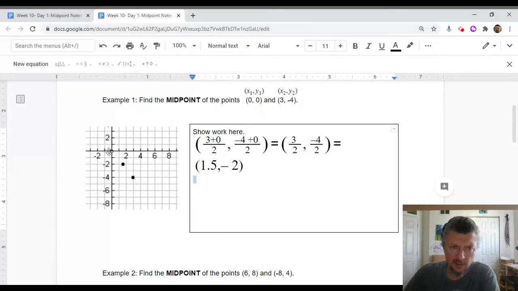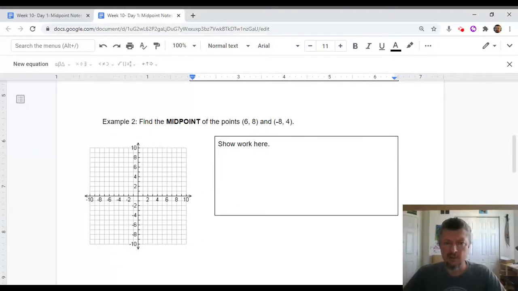There it is. Second point was 3, negative 4, right there. And the point that I found was 1.5 and negative 2. So you can see that's right in the middle. And if it's not in the middle, that means I did something wrong. So as long as you're good at graphing, you can always check your work very easily.